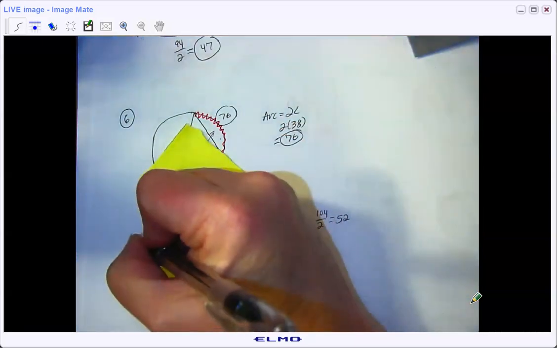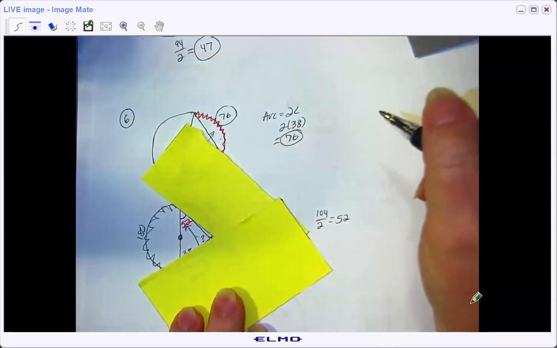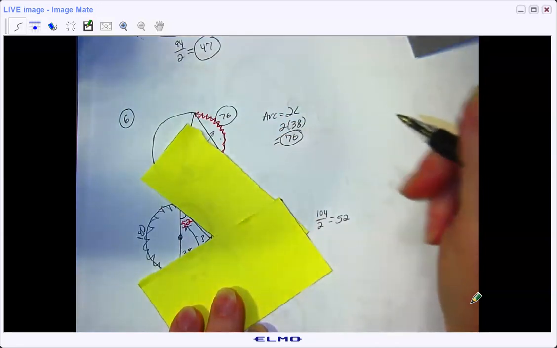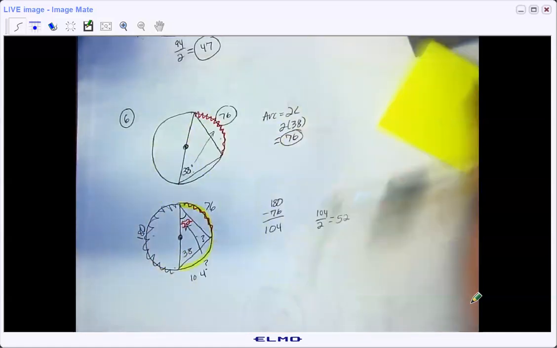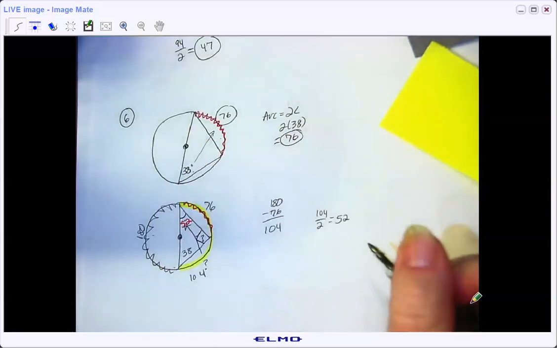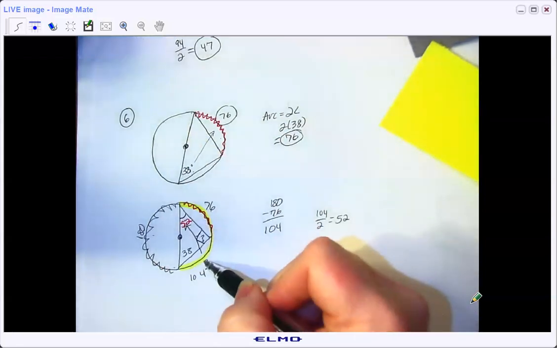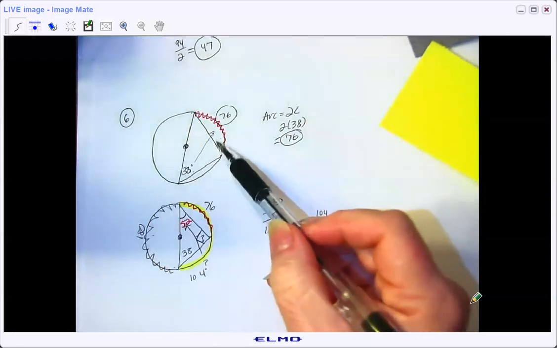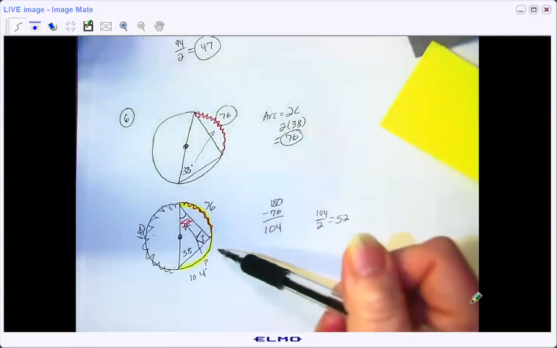Okay, so if this is 180, what's half of 180? 90. 90. Okay, good. So this is, again, that half double relationship. So that means this angle is going to be 90 and you're done. Okay. But I wanted to use this problem to show you that even though this is all they asked for, there was a lot more they could have asked for.